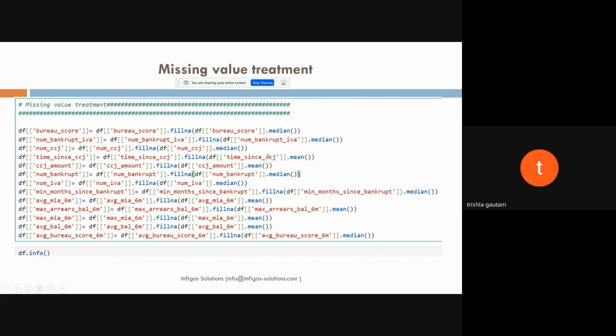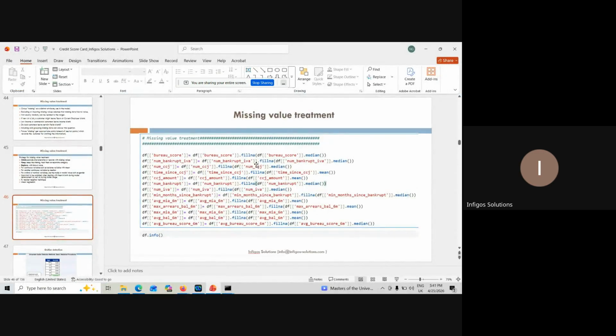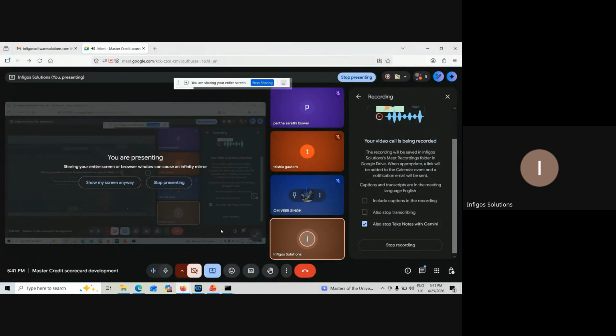Could we take a 5 to 10 minute break? Is it possible? What do you say, Partha? Are you okay with the break? Amish, shall we take a break for 5 minutes or 10 minutes?